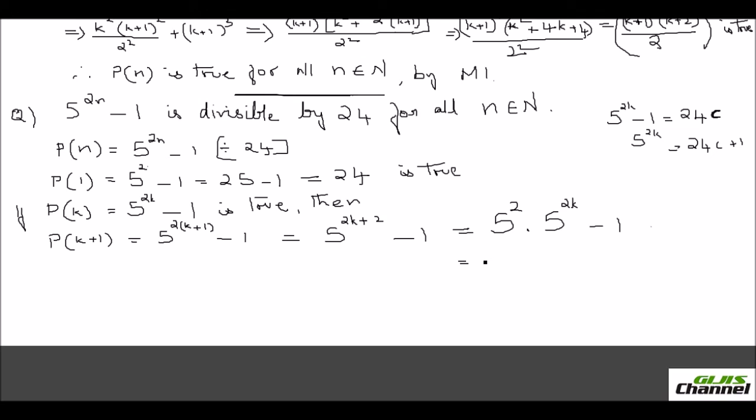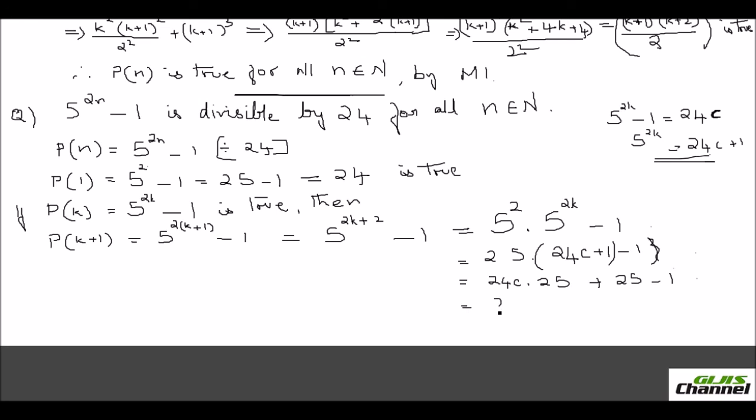This is 25 times 5 raised to 2k, which I would write as 24c plus 1, and minus 1 here. So this would be 24c times 25, distributive law, plus 25 minus 1.